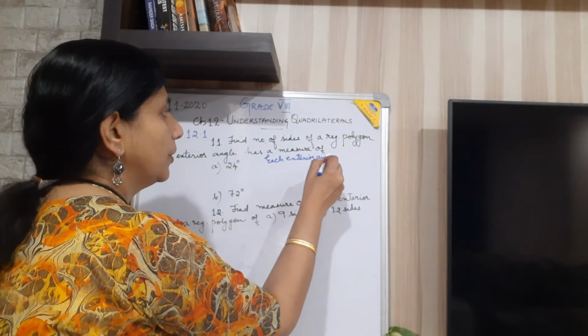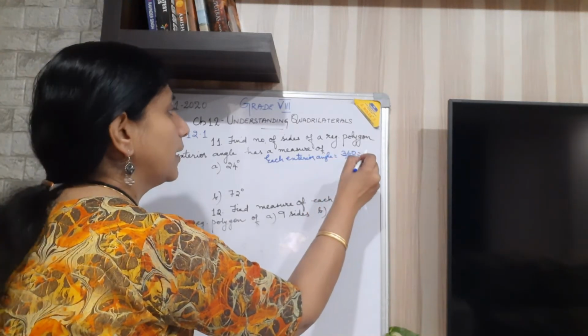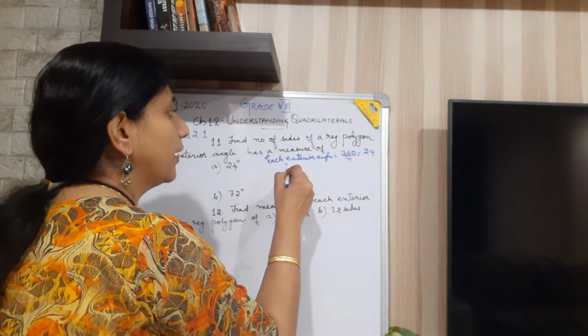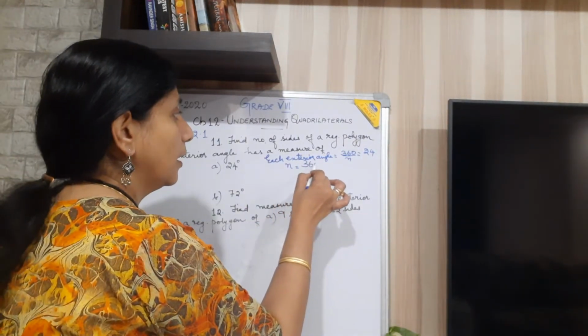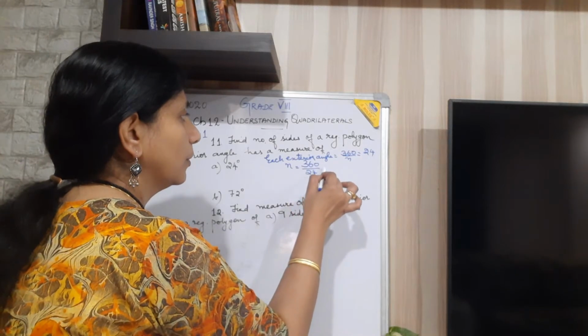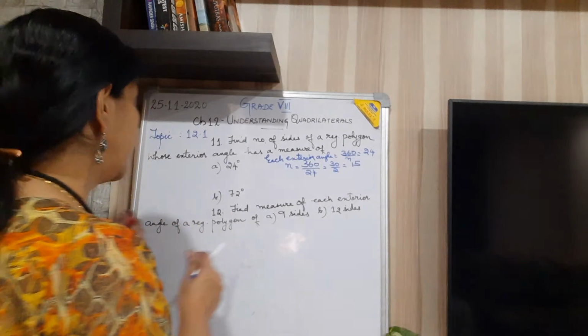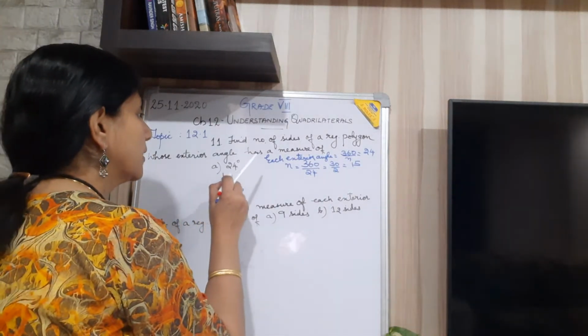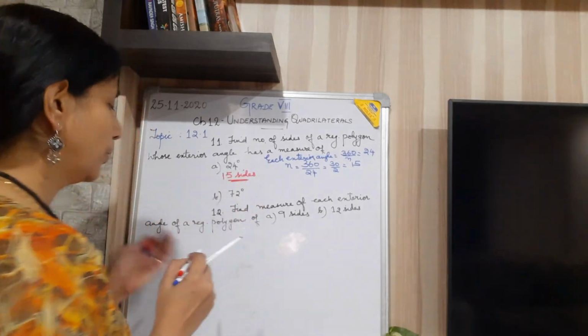The formula you know, it is 360 upon number of sides, that is given as 24. So how will you find number of sides? Number of sides is 360 upon each exterior angle, that is 24. 30 by 2, it is 15. So it has got 15 sides, and each exterior angle is 24 degree.